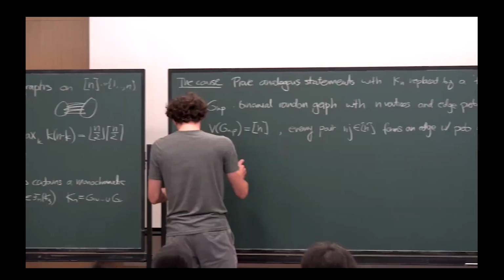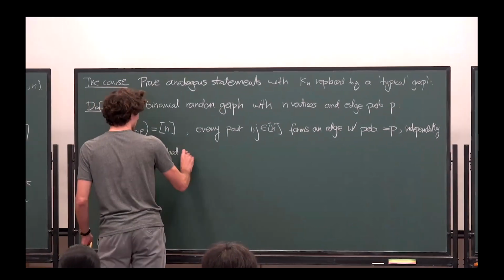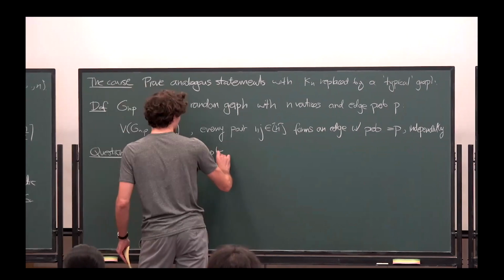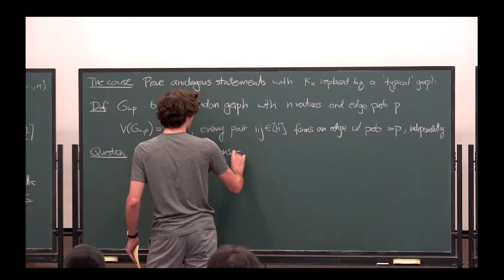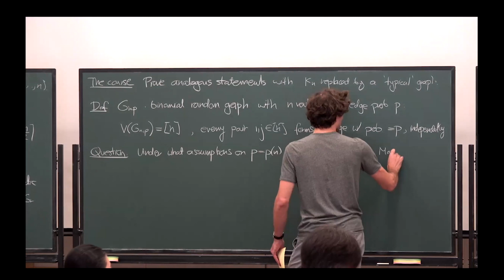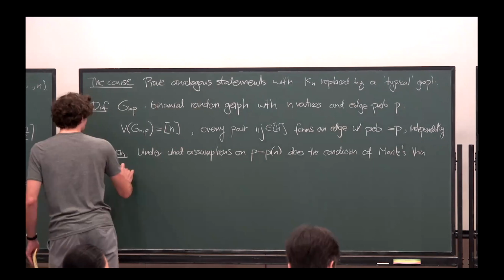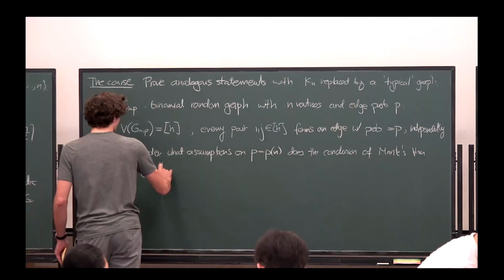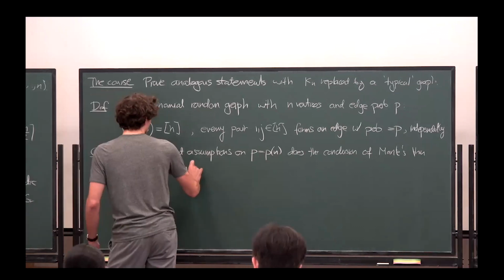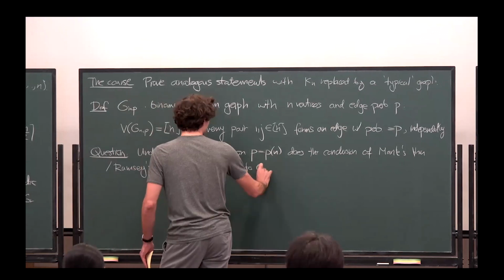So, under what assumptions on p, which we also allow to be a function of n, does the conclusion of Mantel's theorem or Ramsey's theorem hold relative to G(n,p)?